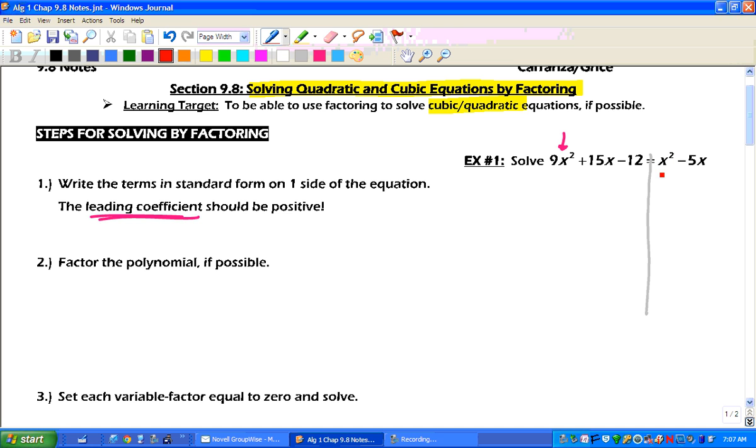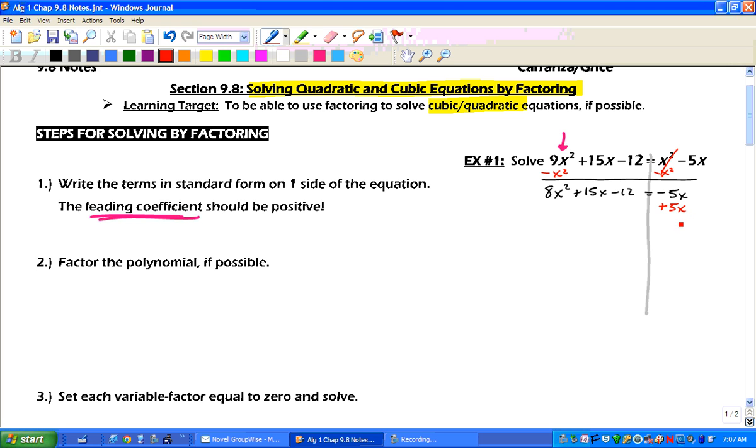So what I'm going to do is subtract my x squared, and then we're left with 8x squared plus 15x minus 12 equals negative 5x. Now, are all the coefficients to one side? No, they're not. So I have to get rid of the 5x.